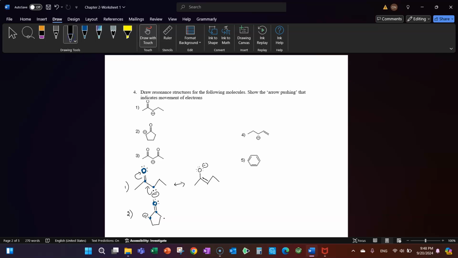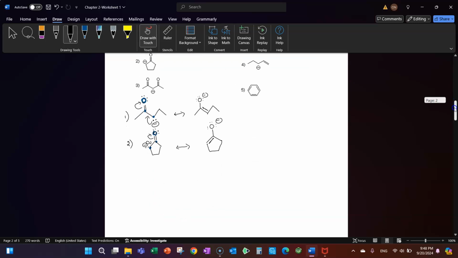So you can go ahead and redraw the movement of electrons by putting arrows over here. So you have a resultant structure, the resonance structure, where you have a single bond to oxygen, and then a new double bond is formed over here.